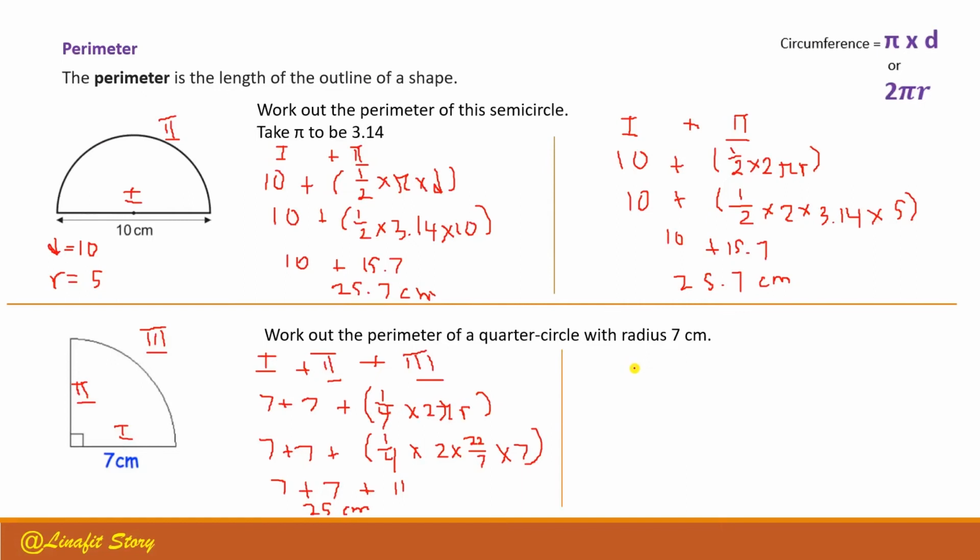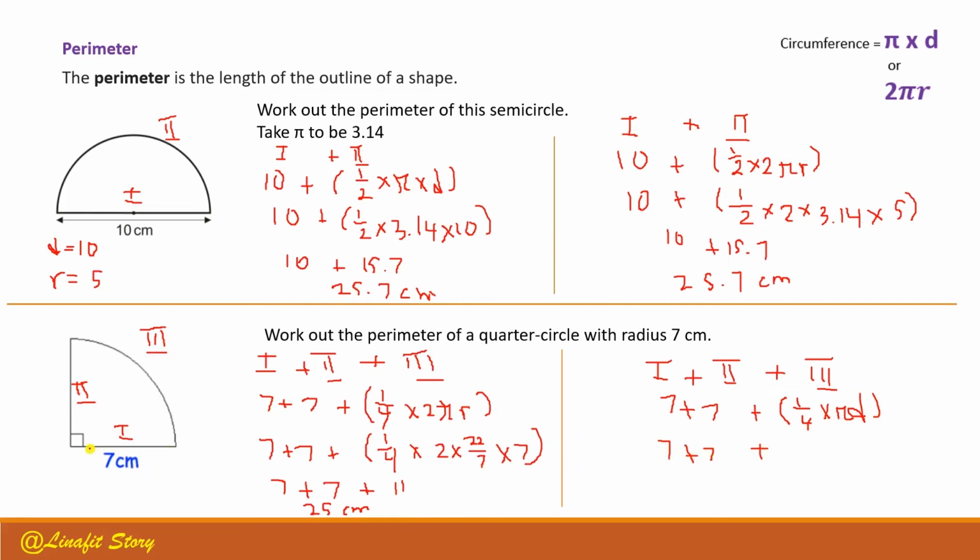Another method is side number 1 plus side number 2 plus side number 3. Side number 1 and 2 is 7 plus 7 plus the length of the curved line is 1/4 times pi times diameter. So 7 plus 7 plus.